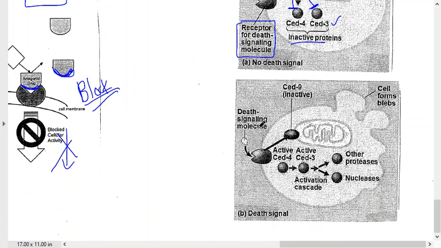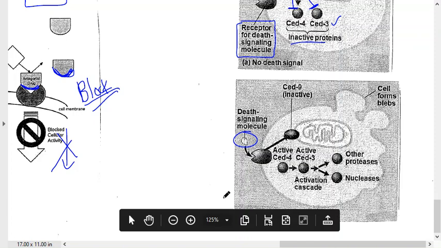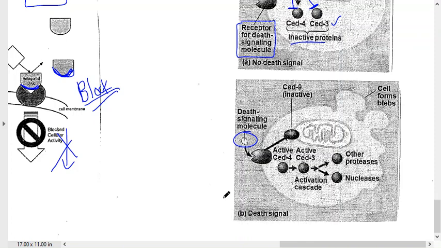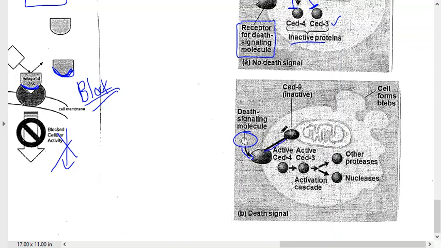Unless something goes wrong, right? Maybe you fail to pass a checkpoint, and you're slated for apoptosis, right? So a signaling death molecule is going to bind to the receptor for signaling death molecule, and that receptor molecule will inhibit SED9.